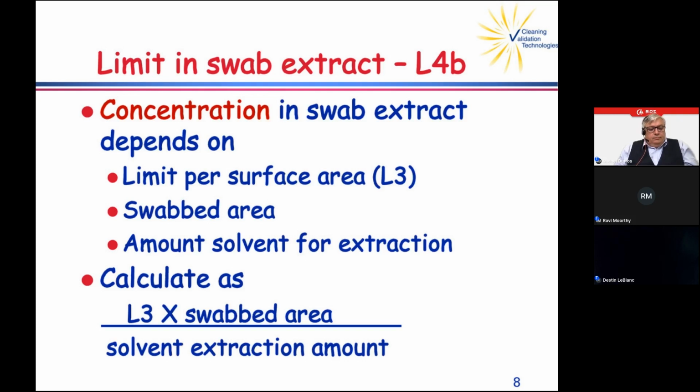So it's calculated as the L3 times the swabbed area, which is essentially L4A, and then that's divided by the swab extraction amount. In other words, are you extracting it in 10 mLs or 10 grams of solvent or 5 grams of solvent? That type of expression of the solvent extraction amount.